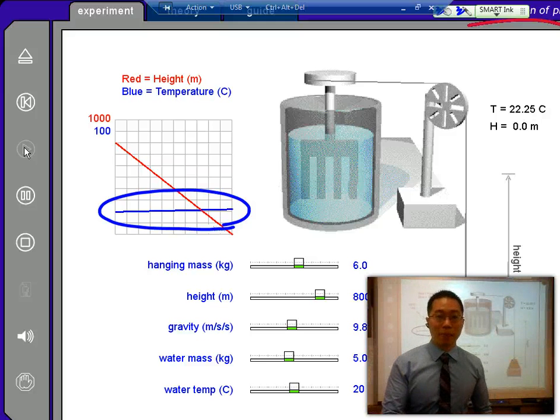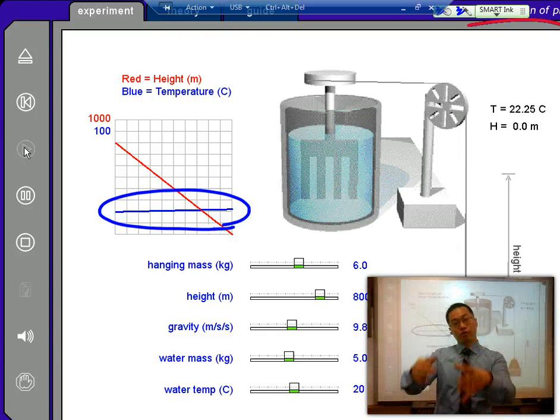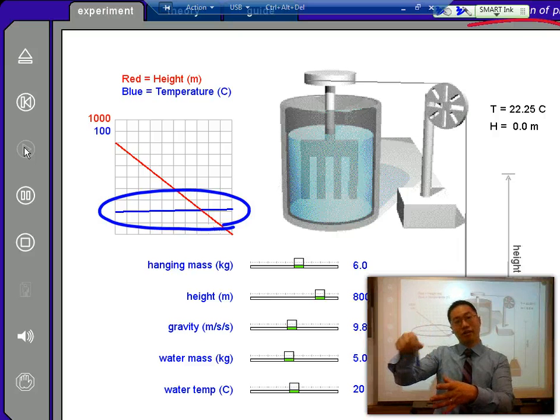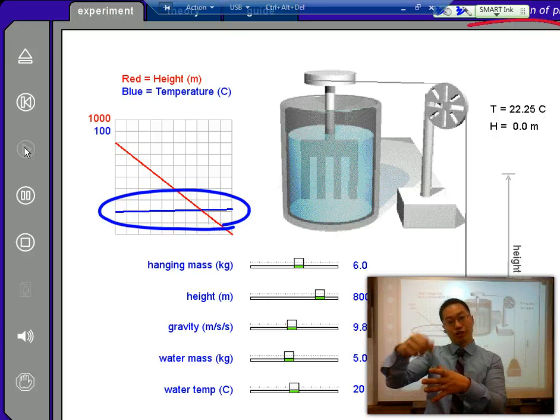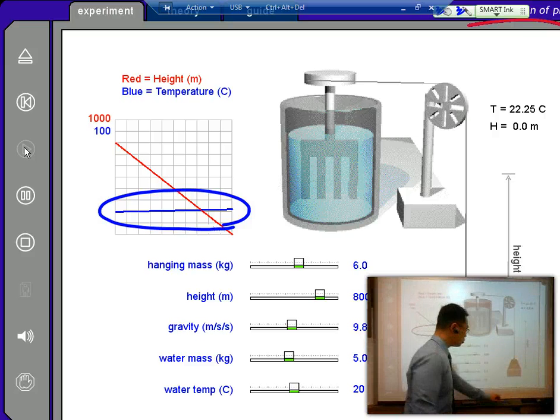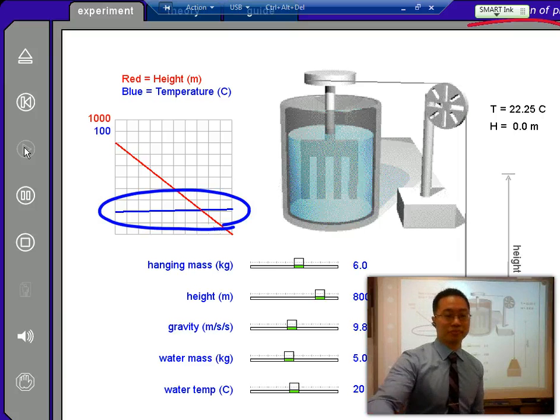As the block is dropping, it's actually increasing the temperature or the internal energy of the liquid itself. So if you had a cup of ice water and you were to stir the cup, the ice would melt faster simply because your kinetic energy will be turned into thermal energy as well. So when we talk about work, we really are talking about applying a force over a distance.